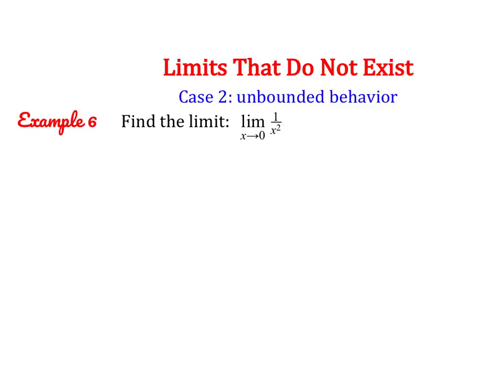We know that x cannot equal 0 because the denominator would be undefined, but let's sketch a graph. When I divide by a really large number, I get a very small number. So as x gets really big, my value is going to be very small. But when I divide by a very small number, my result is a really large number. So as I'm getting closer and closer to 0, my graph is going to go like this.